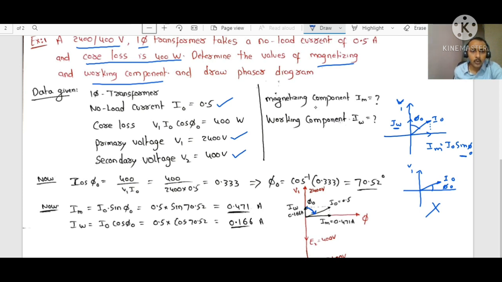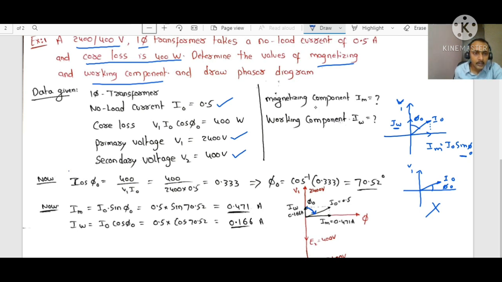So once you know the angle phi 0, we can easily find out the magnetizing component and working component. How can we find the angle phi 0? From the given losses, 400 watts, that loss will be equal to V1 I0 cos phi 0.